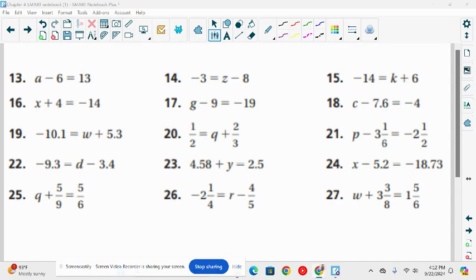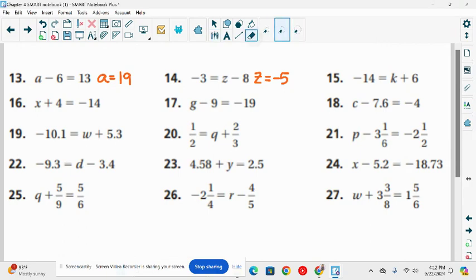Alright, so here we should have had A equals 19, Z equals -5. I'm sorry, not negative. Should be +5. My bad. Okay, K equals -20.